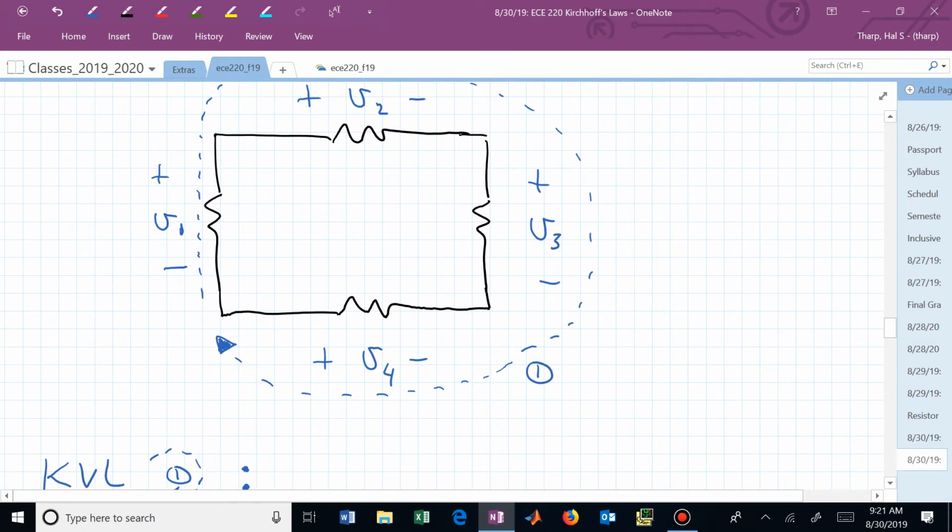Meaning, this path means that you start at a node and end at that same node. That's a closed path. That's the closed part of it. We're starting here and we're finishing at that same location.